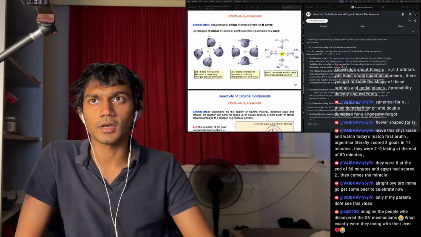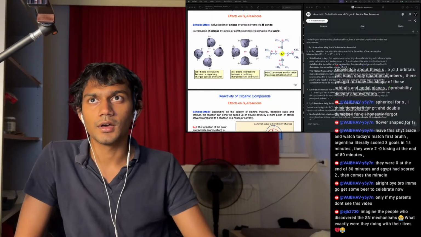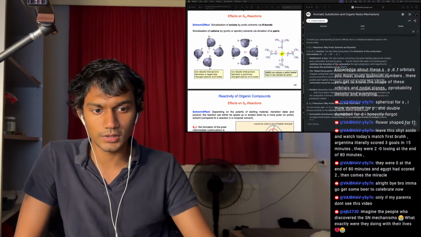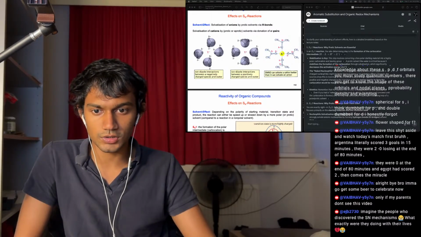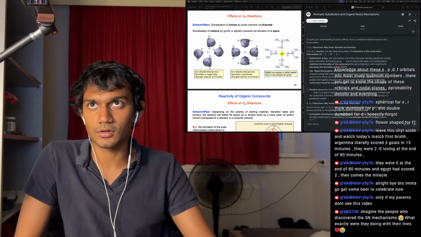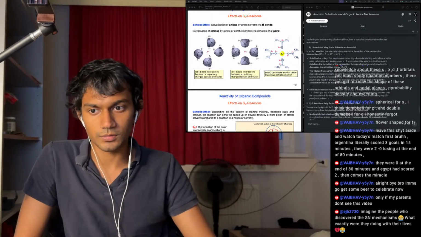I was focusing on making sure the nucleophile is not surrounded, but it results in a less stable carbocation, which makes the reaction even slower.